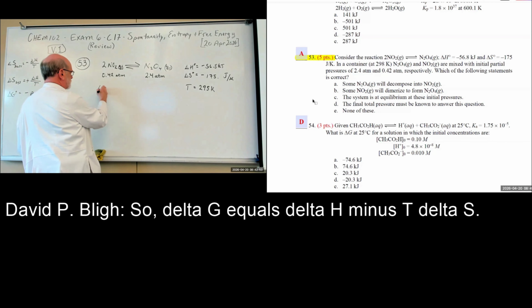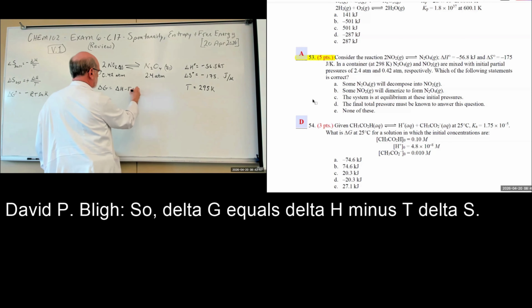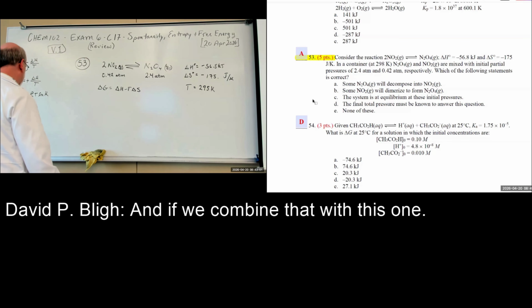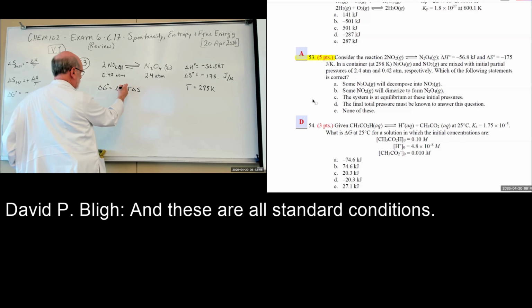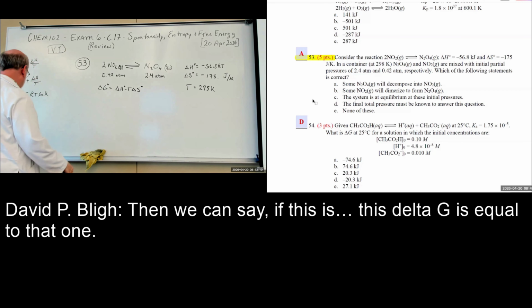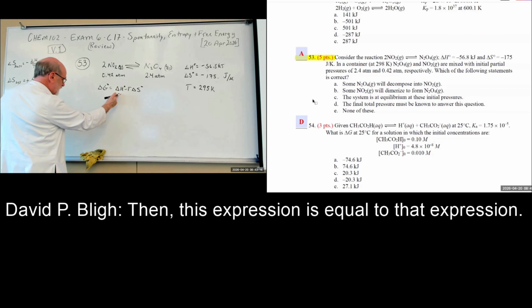So delta G equals delta H minus T delta S. And if we combine that with this one, and these are all standard conditions, then we can say if this delta G is equal to that one, then this expression is equal to that expression.